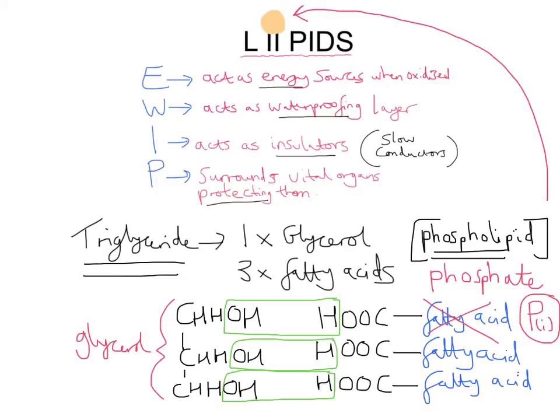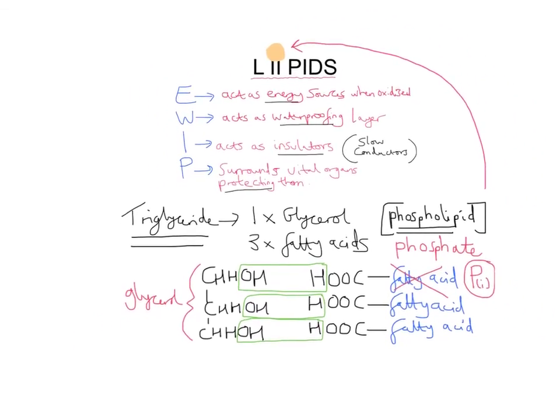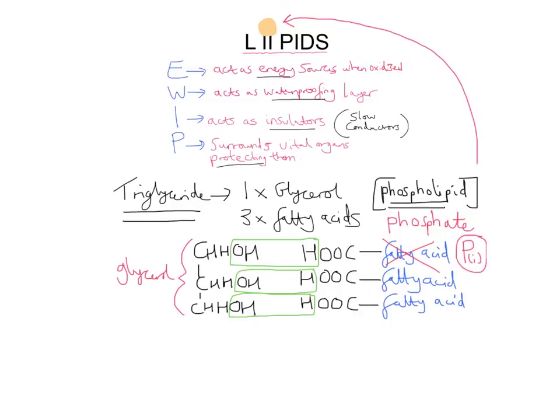One thing just to add is the difference between saturated and unsaturated fatty acids. In fact, I'll just do this as a small bit, so I'll reduce this down here. When you look at fatty acid structures, fatty acids that we call saturated have only C to C single bonds.